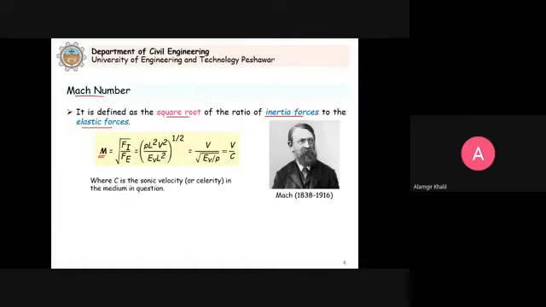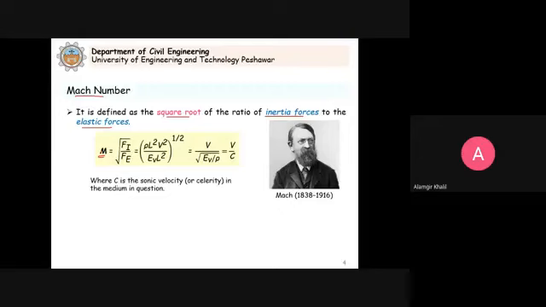Now in this chapter we will discuss a few dimensionless numbers that are more commonly used. What we have studied so far is that we have extensively used the Reynolds number and the Froude number.